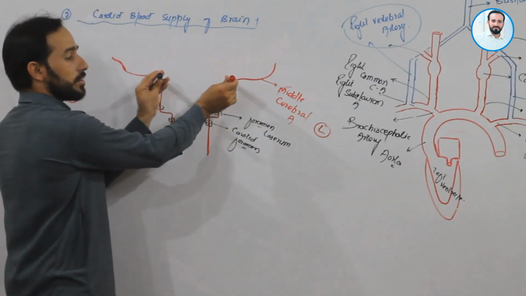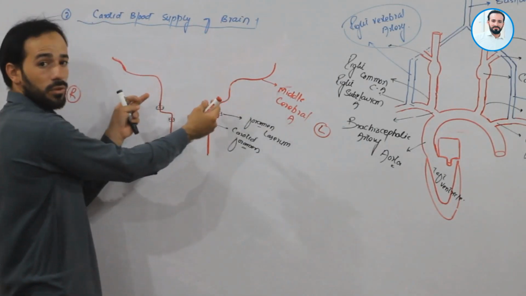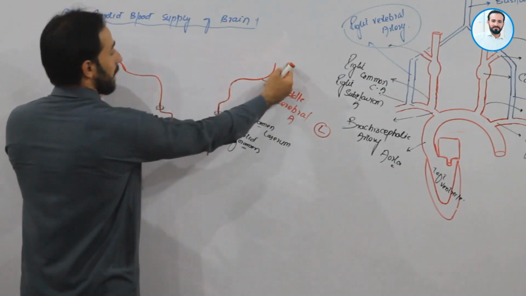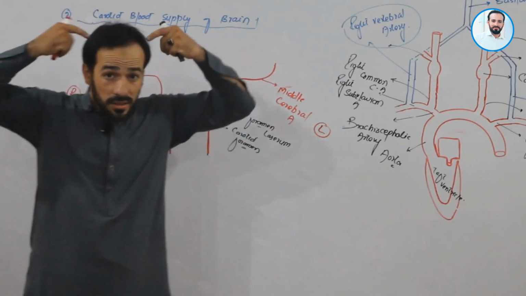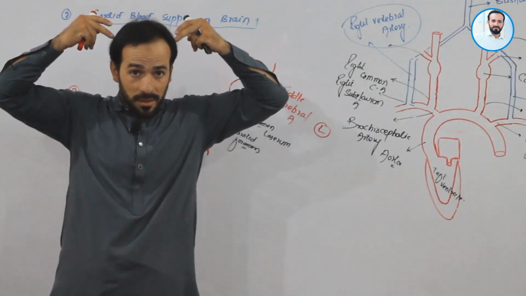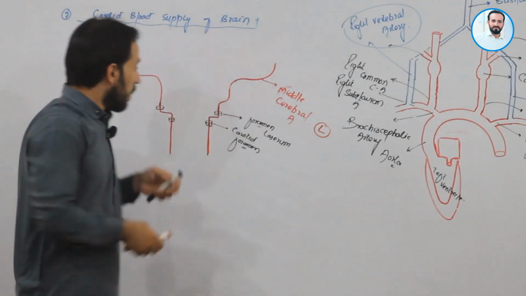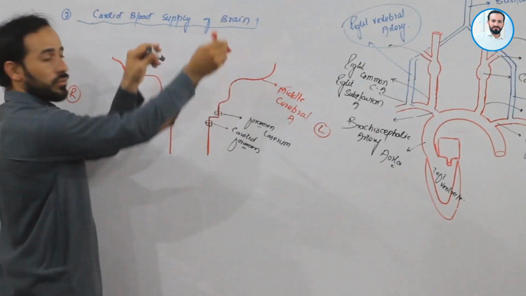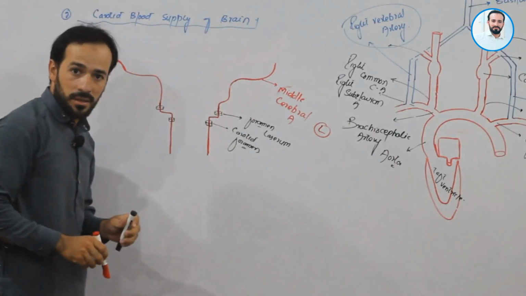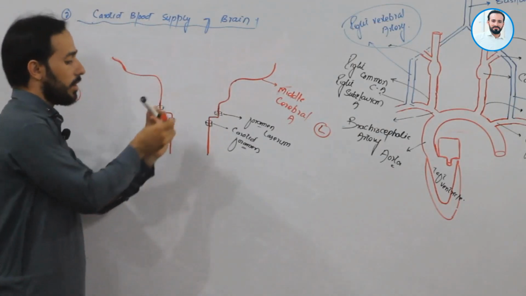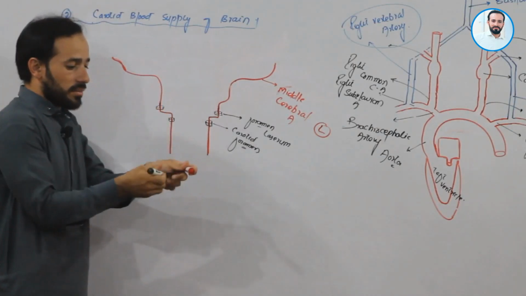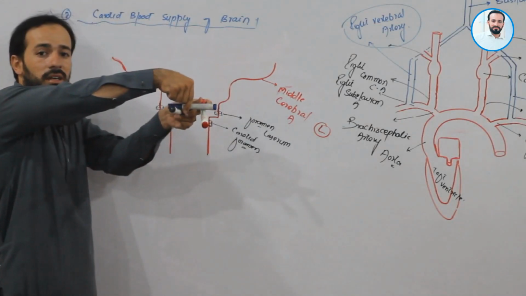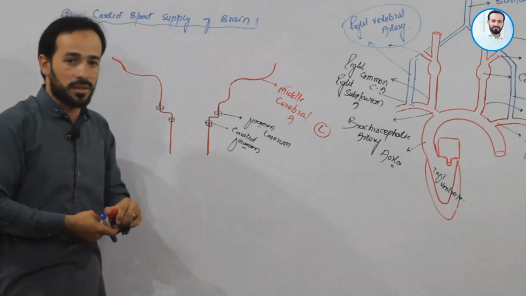These two branches which come anteriorly from the carotid arteries, and these branches went laterally. These are called the middle cerebral arteries, right? Then here two branches are like this. So they are called the anterior cerebral arteries. Clear, friends? So both of them are the anterior cerebral arteries. In the middle there is a communicating artery. So this is called the anterior communicating artery.